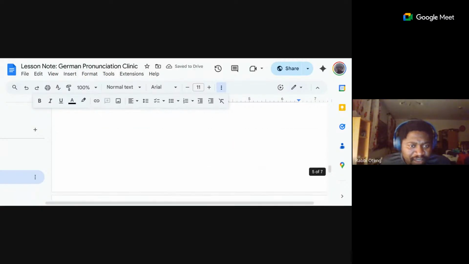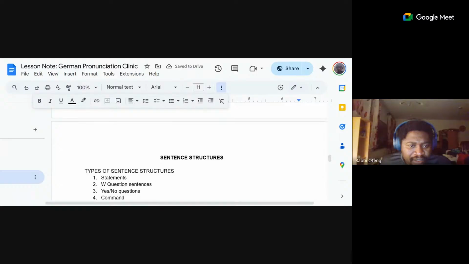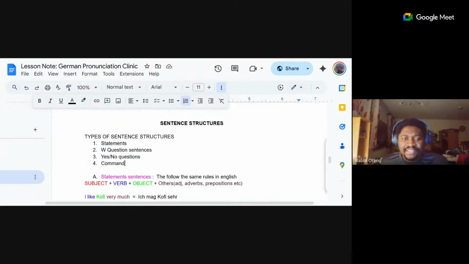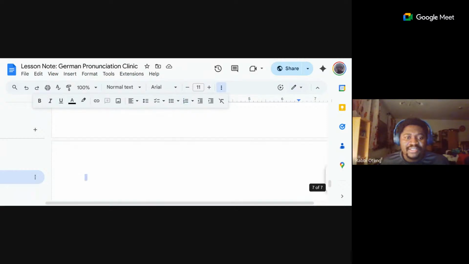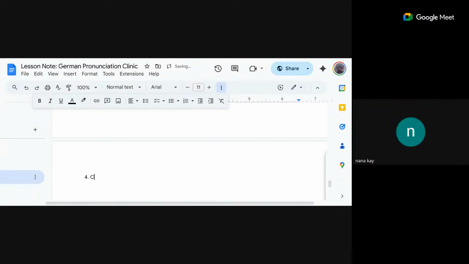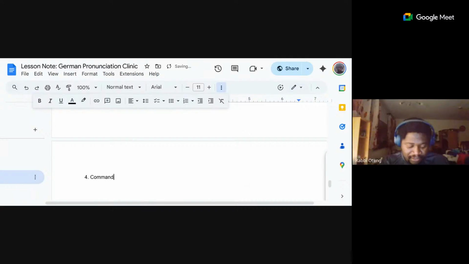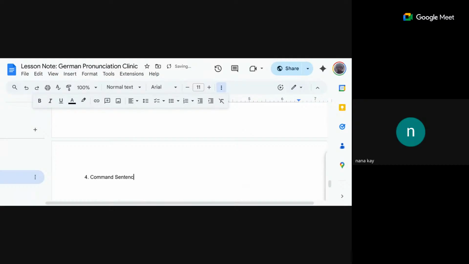Did I say the fourth one is command? Yeah, command sentences. So the fourth structure is command sentences. What's another name for command sentences in German? We've done this. Imperative.